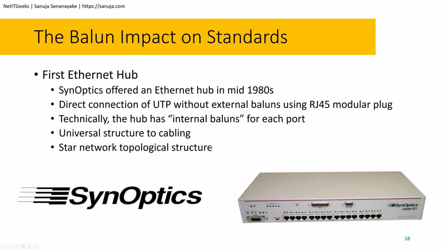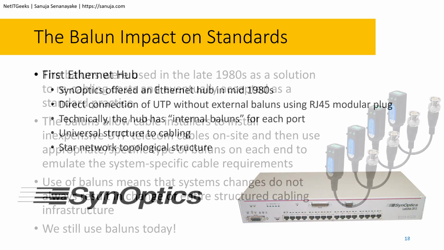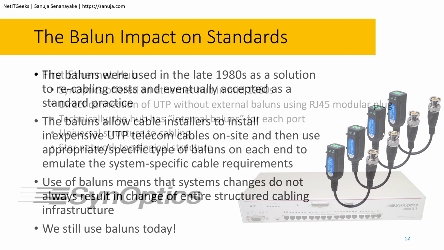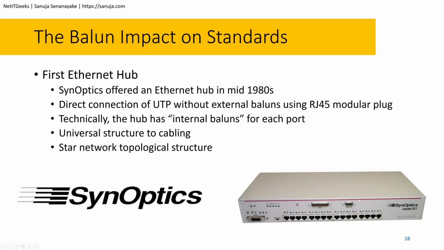So technically the hub has an internal balun for each port. In other words, instead of having these external baluns, they are already integrated into this switch port in here. So it's a physical balun inside the switch box, in other words, inside the hub. So it created this universal structure for cabling.